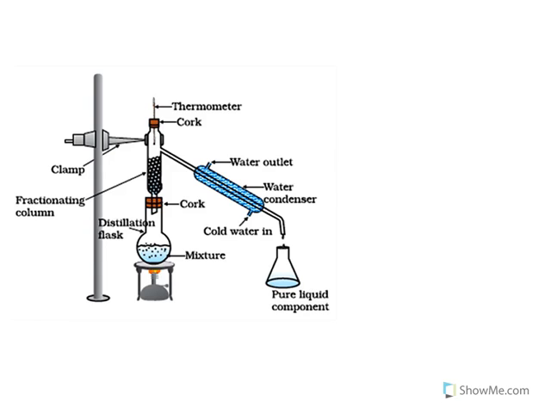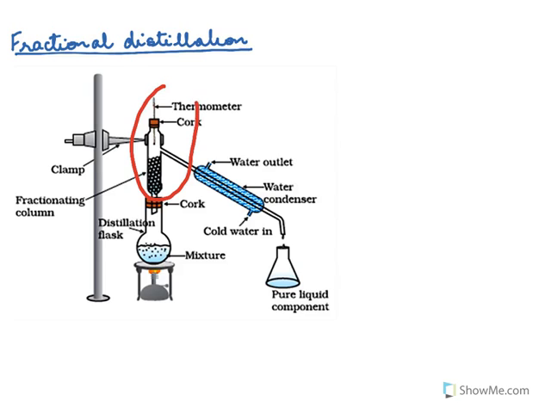If the difference in the boiling point of a mixture is less than 25 K, then we use something called fractional distillation. In fractional distillation, the whole apparatus is almost the same except for this addition. This is called the fractionating column.